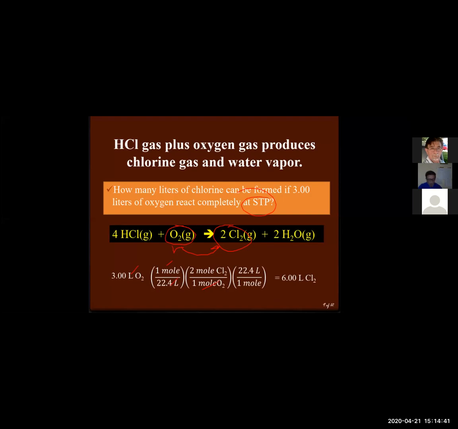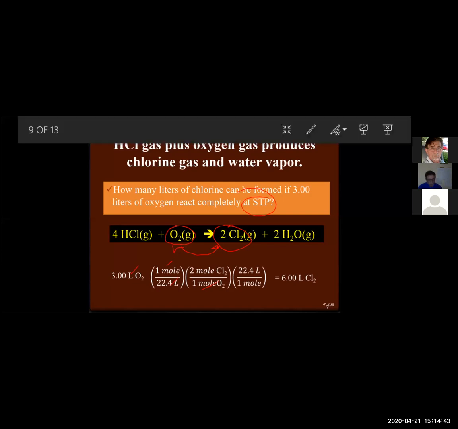Now notice something interesting. When you are dealing with gases, and I repeat, gases only, everything's in the gas phase, and you're at STP, notice that our conversion factor of 22.4 liters per mole cancels out. So you could leave them out if you want, but until you're comfortable with it, leave them in.